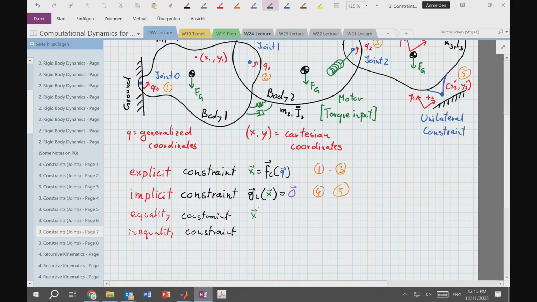Equality constraints is everything that we've seen so far, where say x equals fc of q, or gc of some x is equal to 0.